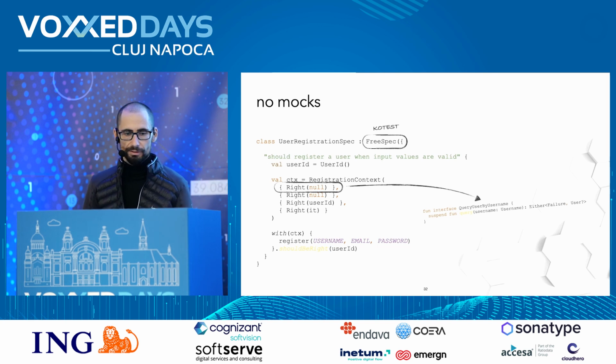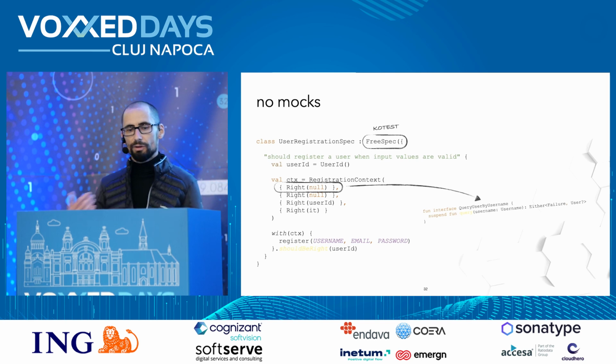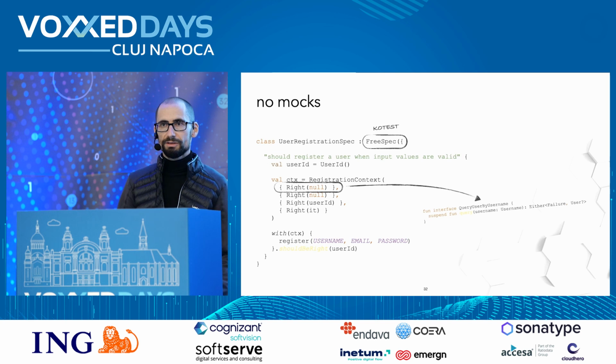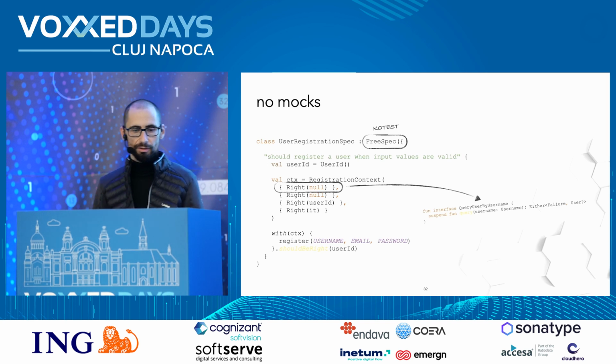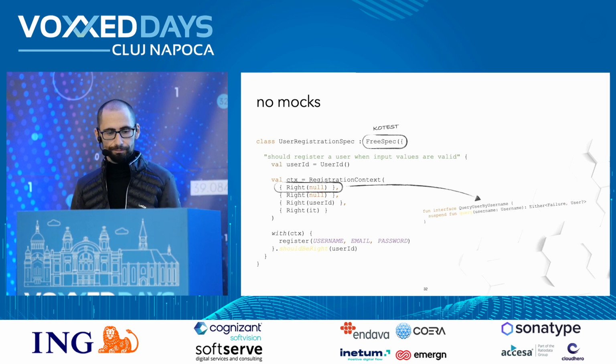The first one is the query for the username, the second one is for the email, the third one is for the store, and the last one is the password encoder, which is basically doing nothing. There we're just returning back the password.